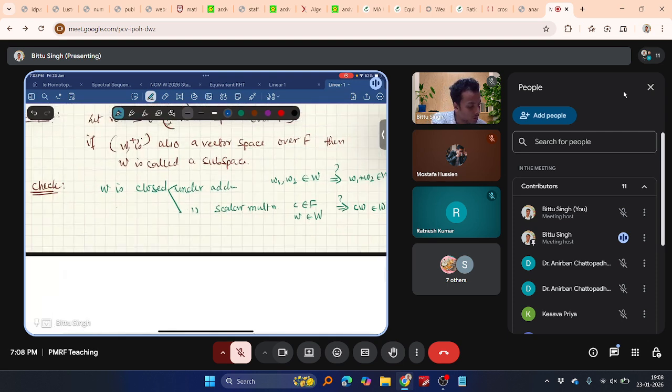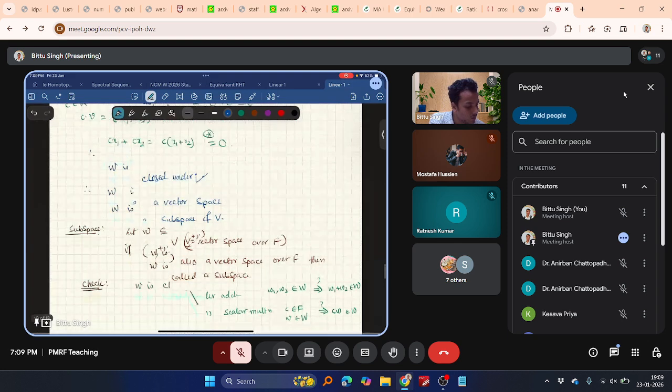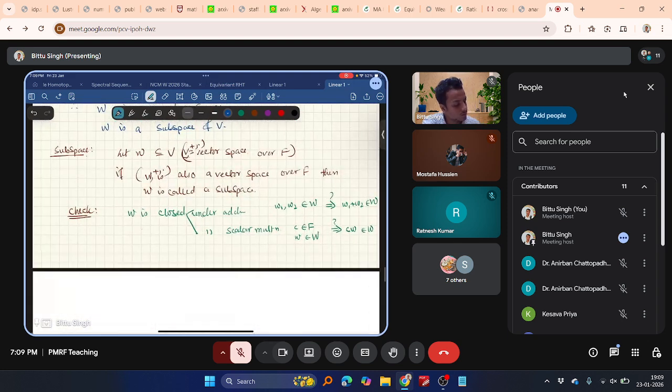Here I should also mention an observation: 0 always belongs to a subspace. In the definition of a vector space, there is always an additive identity, that is 0. This is important. So before checking, we always check if 0 belongs to W or not.